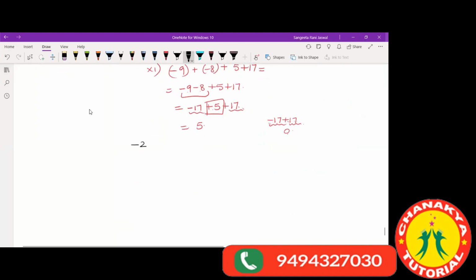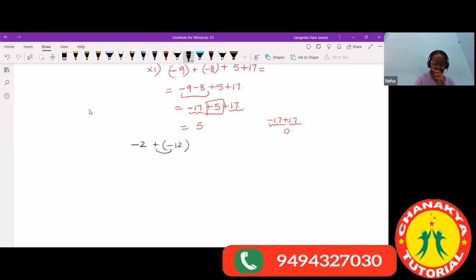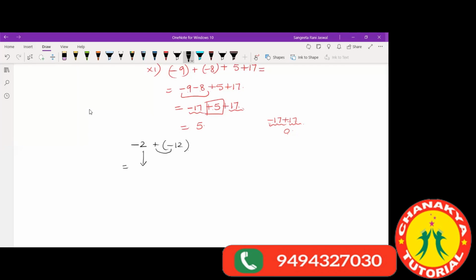-2 plus minus of 12. This is what you are saying, no? Now see here, when there are two signs together, what do we do? We make it to one sign. First, we'll drop down the first number as it is. We will make the two signs to one sign.